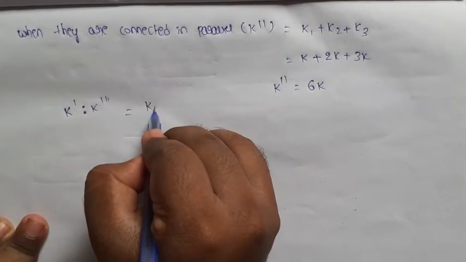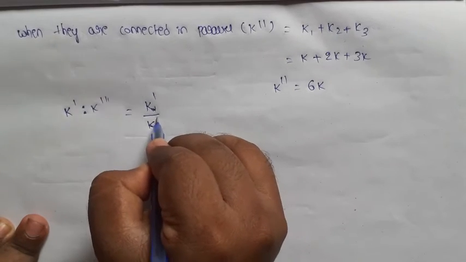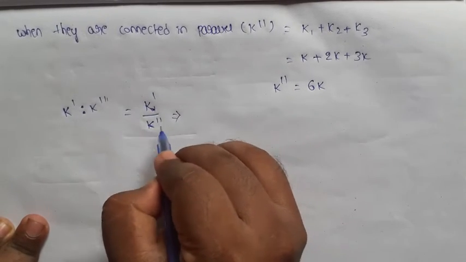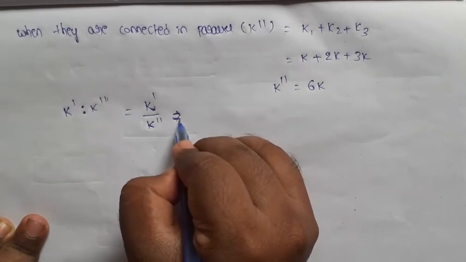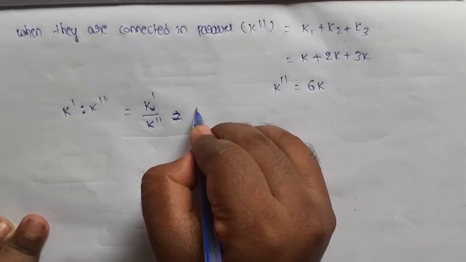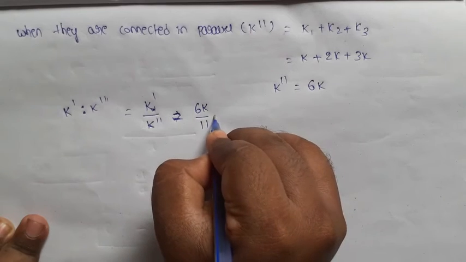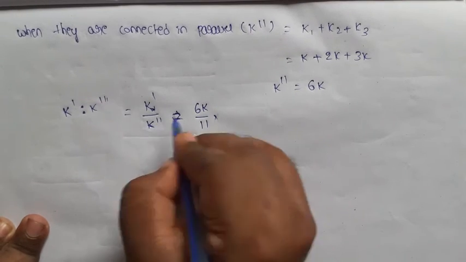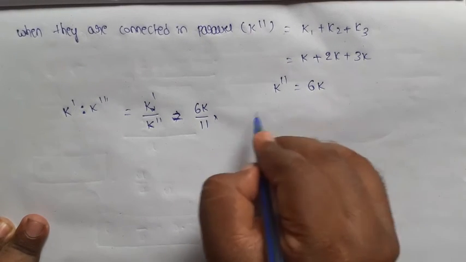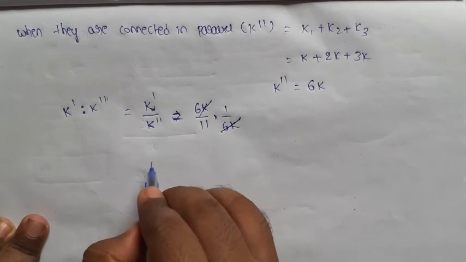So k dash by k double dash equal to, k dash value 6k by 11, and k double dash means 6k, so 1 by 6k. 6k is going to cancel.